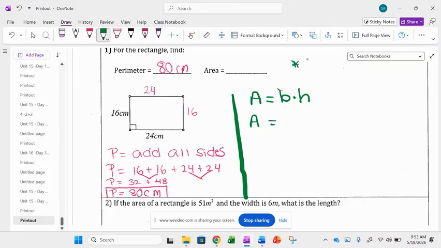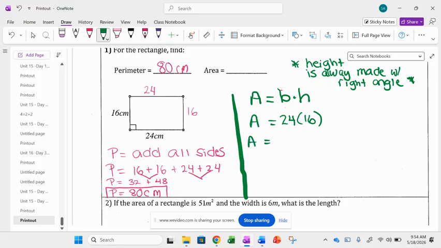I'm going to put a little star here and say height is always made with a right angle. And that's not really an issue for the rectangle because aren't all the corners right angles? So we're safe. So I'm going to say my base is 24 and my height is 16.